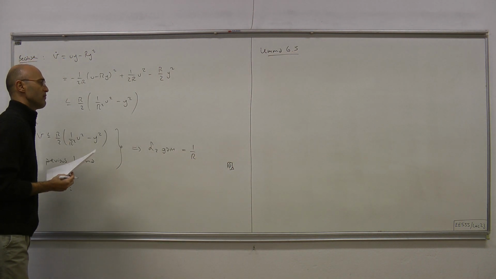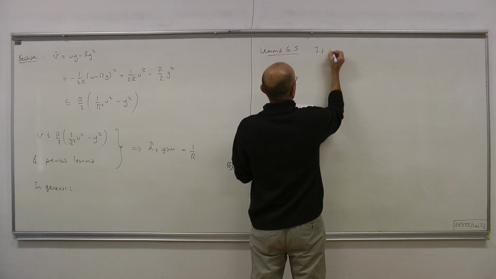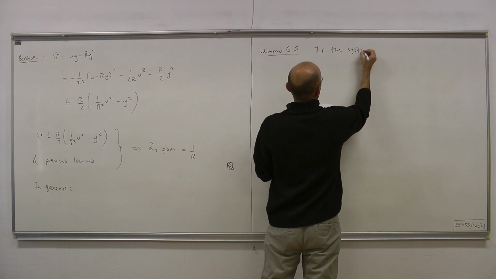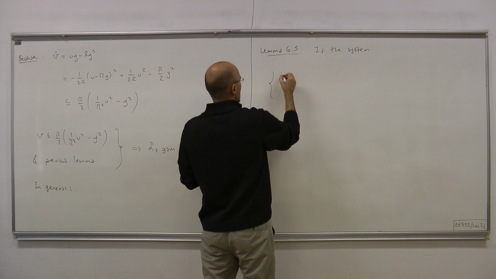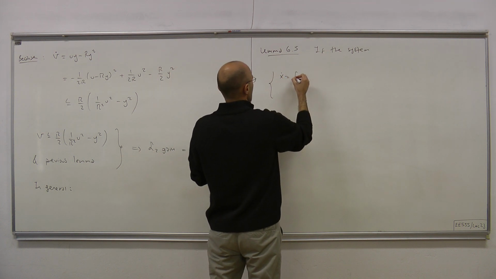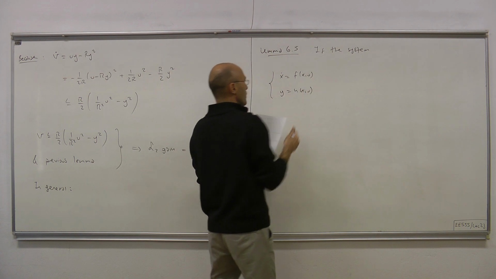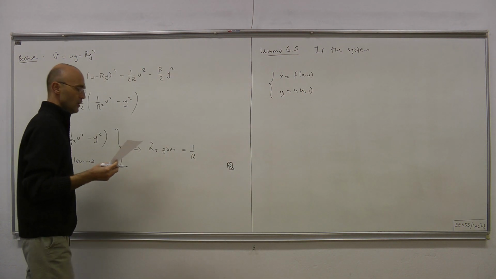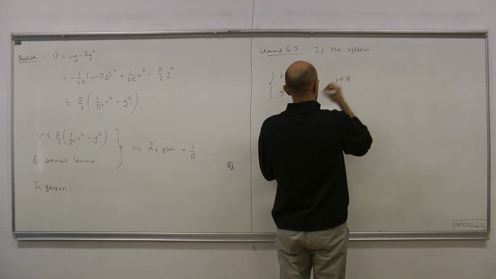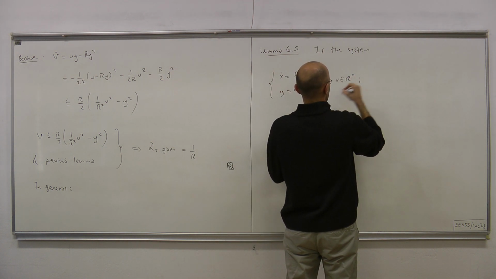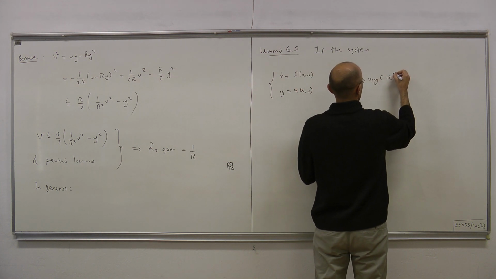Lemma 6.5 for the text. If the following system x dot equals f of x, u, y equals h of x, u, where f and h satisfy the usual assumptions, x in R^n and u, y in R^m.